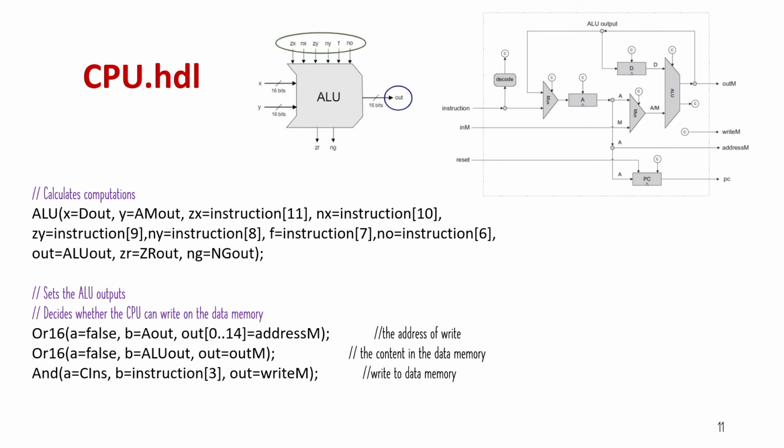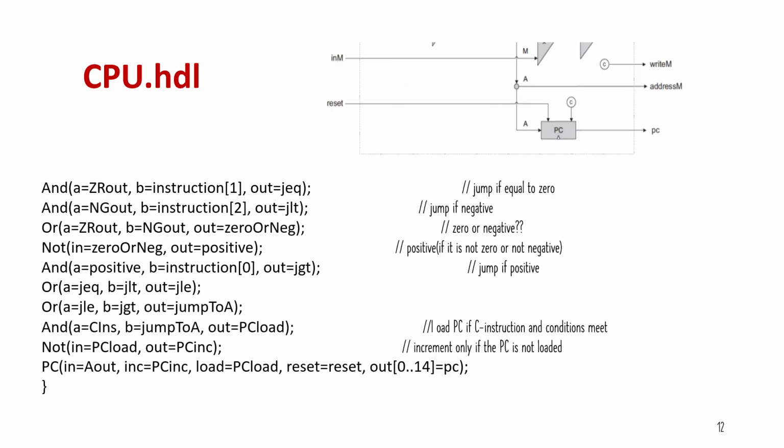Then we have two OR gates and one AND gate to set the ALU outputs in order to write to the data memory. So in this part of the cpu.hdl code, the load bit of the PC is determined by the jump bits and ALU outputs.